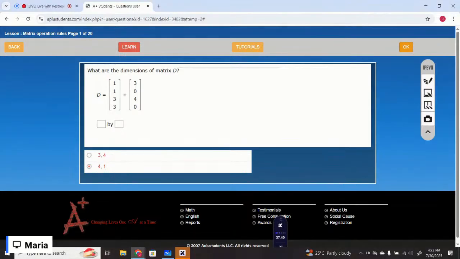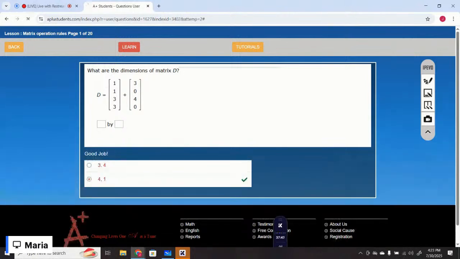So D is also 4 times 1, that means 4 rows and 1 column.